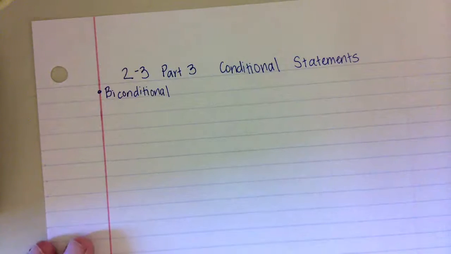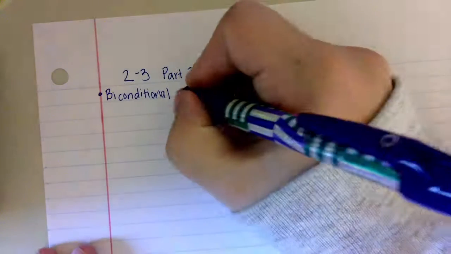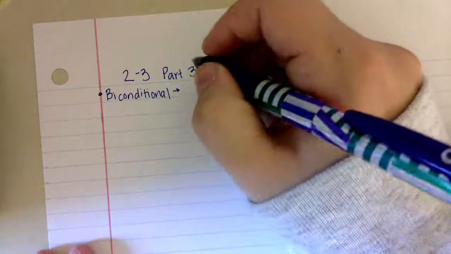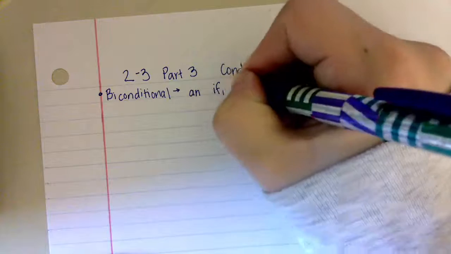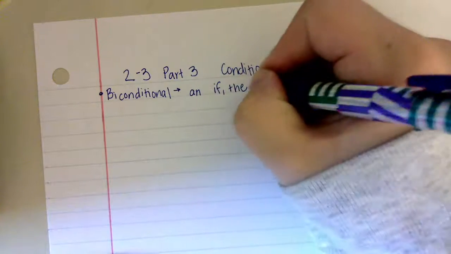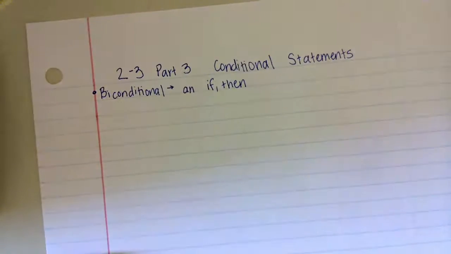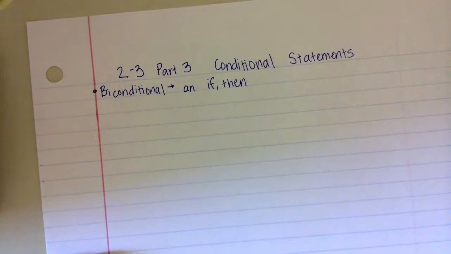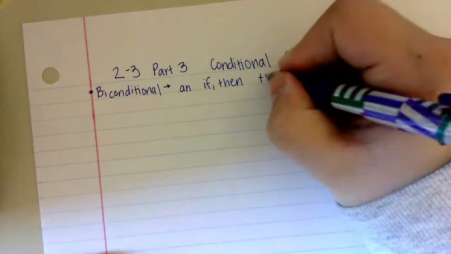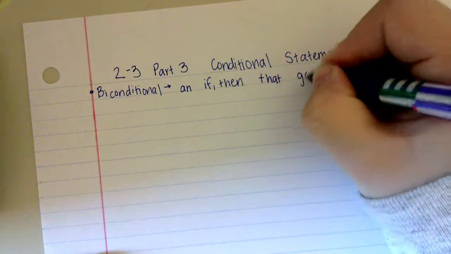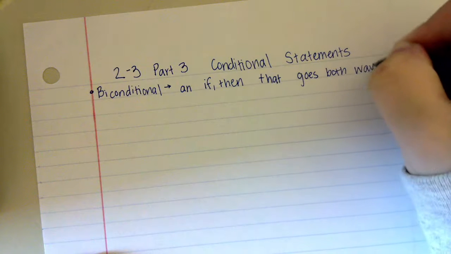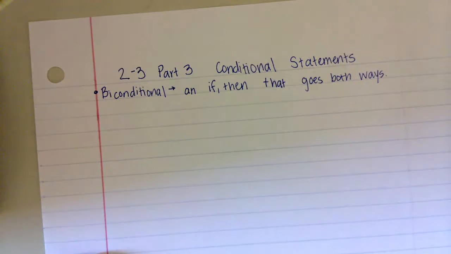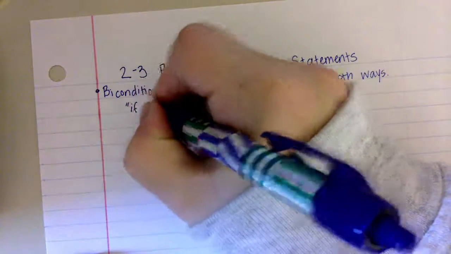A biconditional statement is an if-then statement, like what we've been working on, if something, then something, that goes both ways. The words we use for that are if and only if.